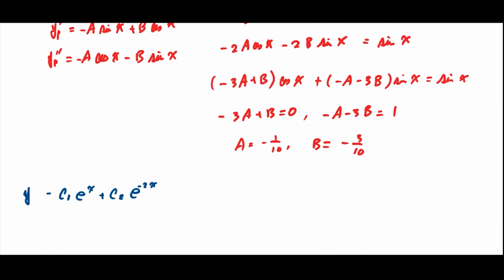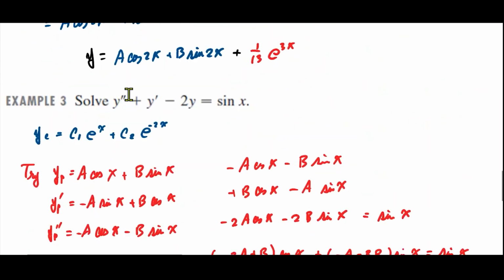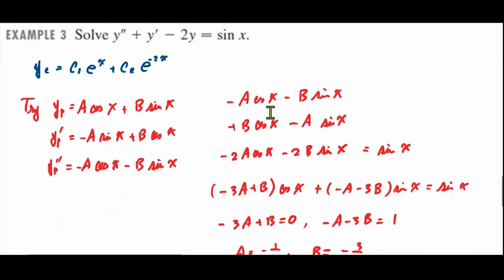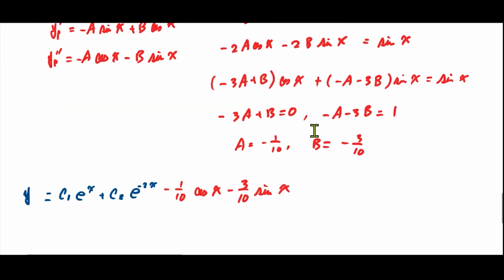Erase that thingy. And minus 1/10 a cosine of x and b sine of x. How's that? And that combination altogether, if you plug it into the differential equation itself, will give you nothing but sine x. You kind of get the procedure of how to do this undetermined coefficients method.